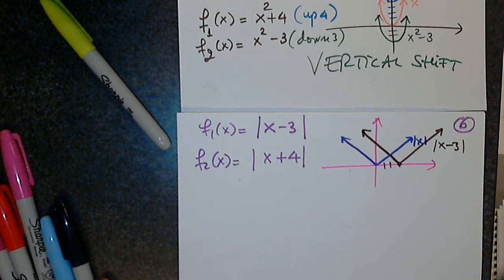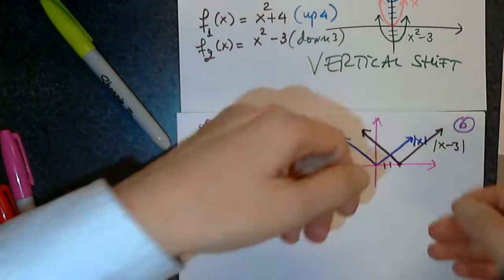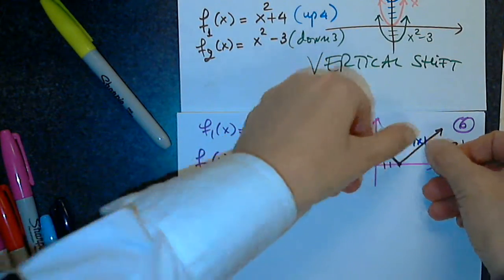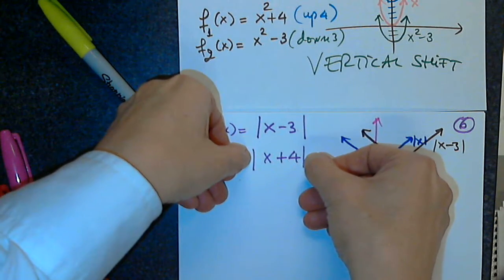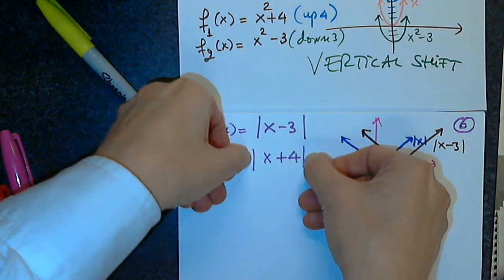Now let's analyze f2. What changes here from the absolute value of x to the absolute value of x plus 4? What changes? So does the graph move left and right or up and down? Left. Yes. Why does it move left? Hold on. So this is 0 when x is 0. When is this 0? When x is negative 4.